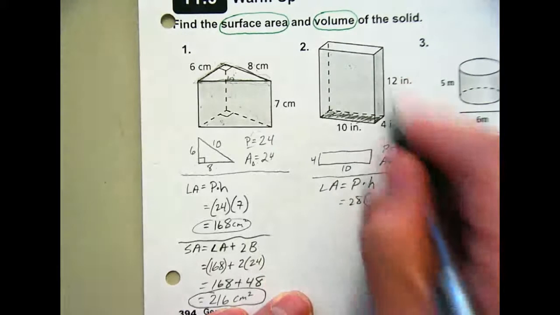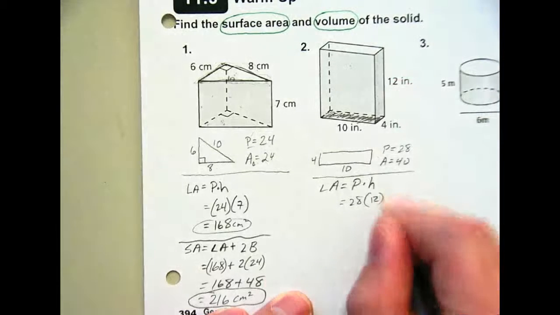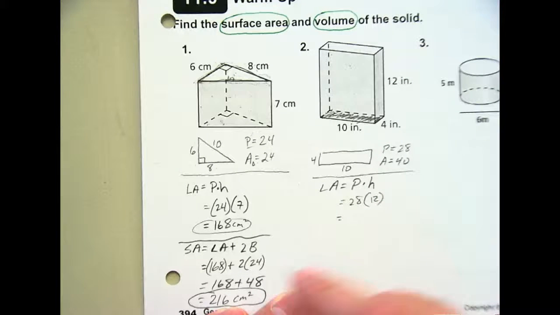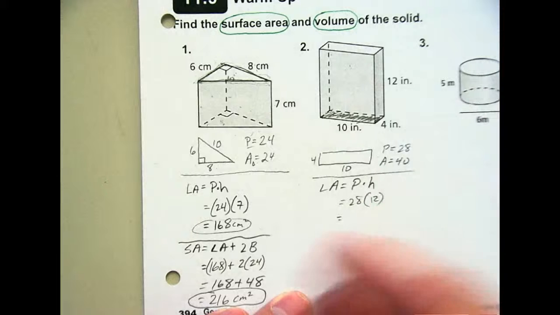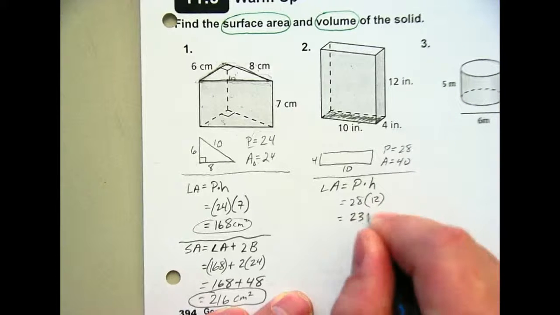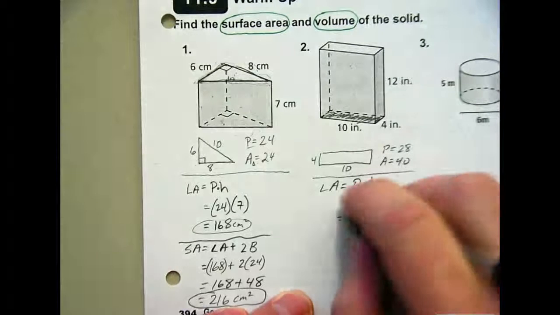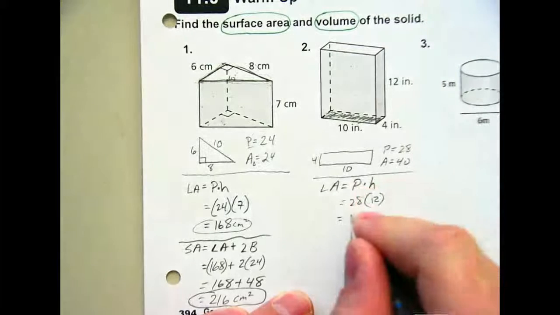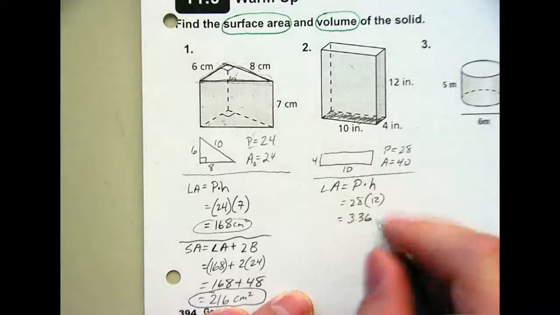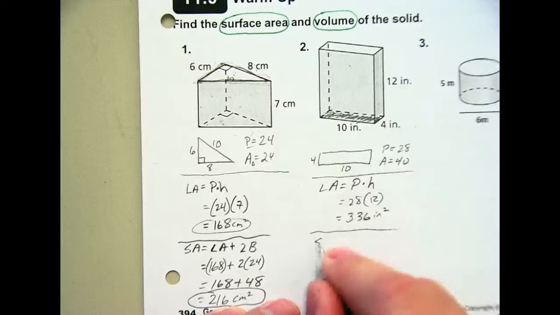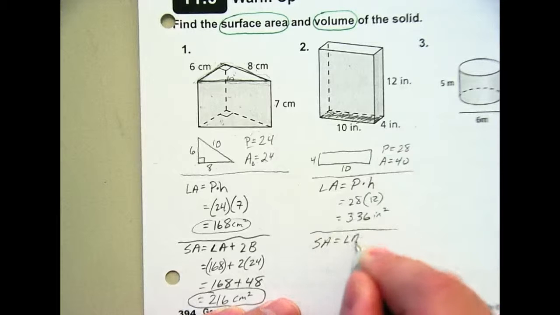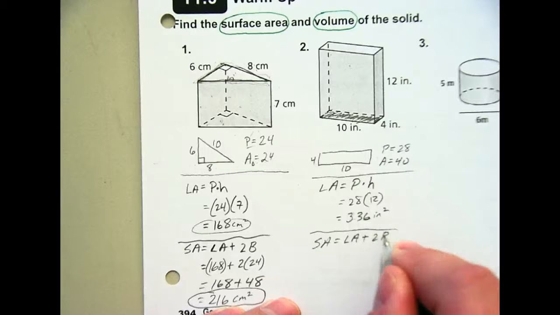12. It's 12, right? So 28 times 10 is 280. 2 more 28s is 56. So 280 and 56 is 336, and I have square inches there. Surface area is the same formula. It's LA plus 2B.